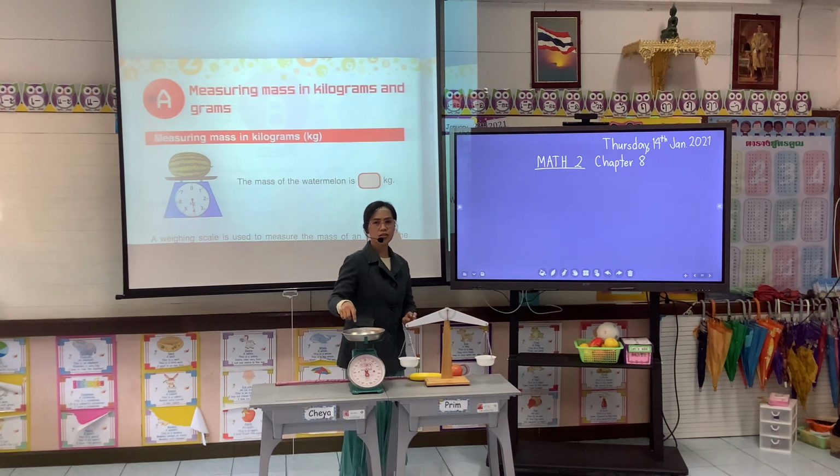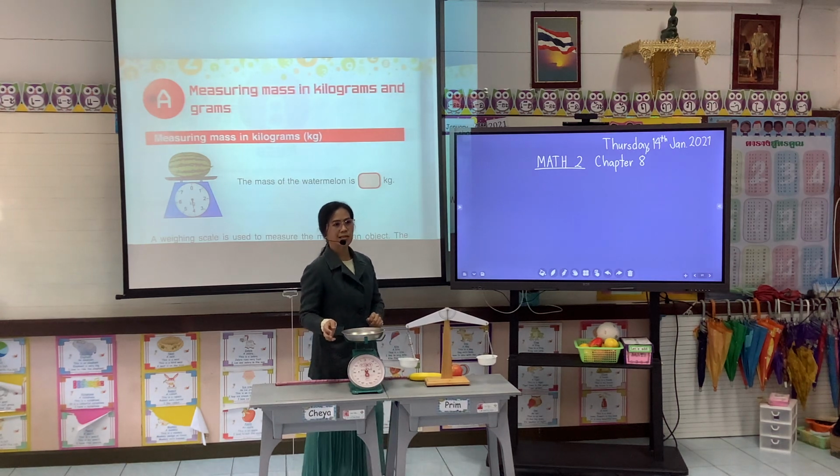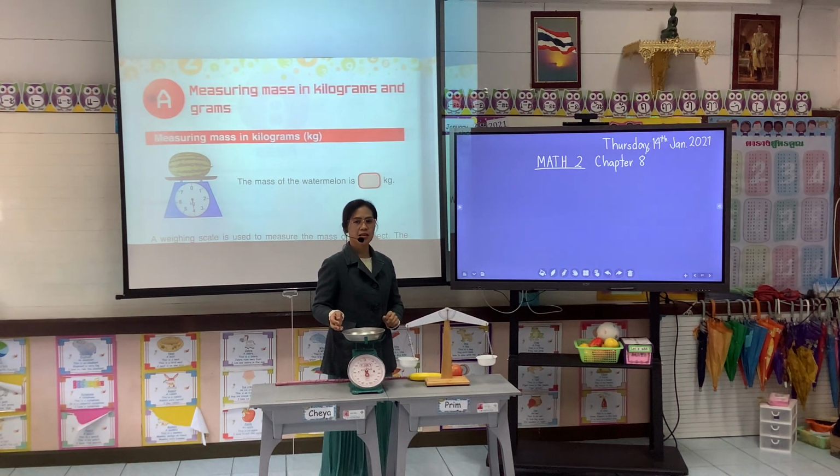We can also see a spring scale at the market. The seller uses this to measure the vegetables, fruits, and anything that we buy from the market.